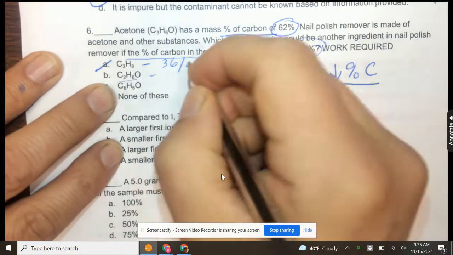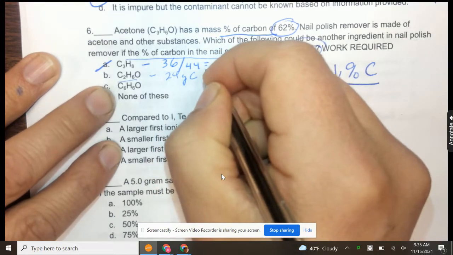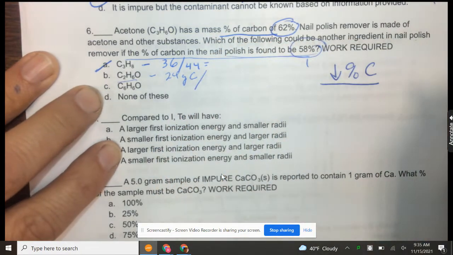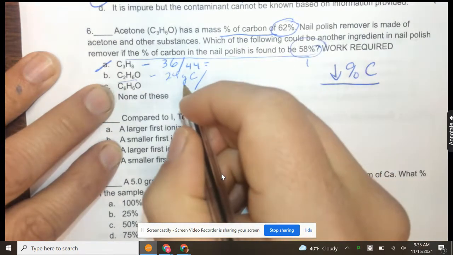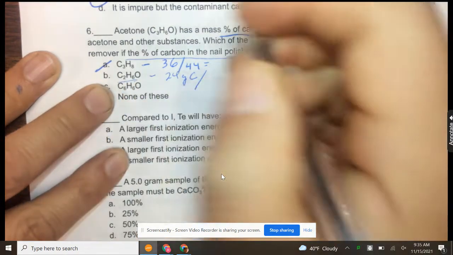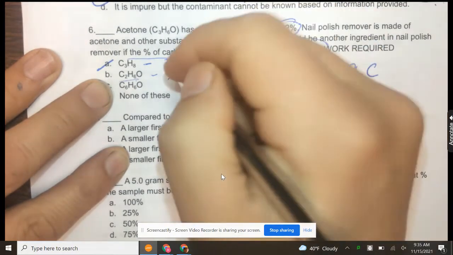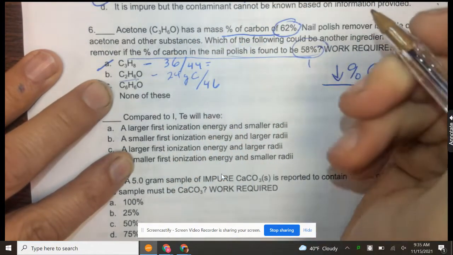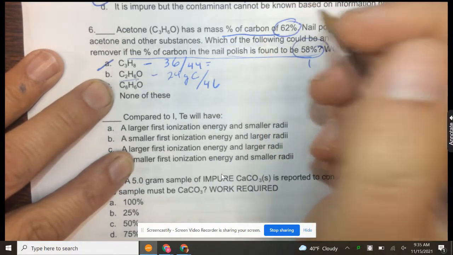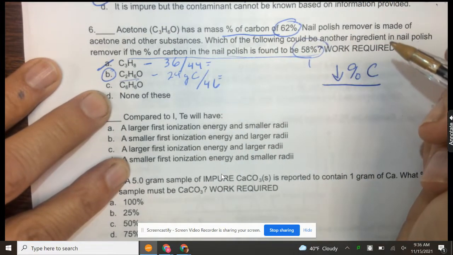So for this one, it would be 24 grams of carbon divided by 24 and 6 is 30, and this would be 46. So 24 is a little bit bigger than 50%. So this could be it. All right, that could be dragging that percentage down.